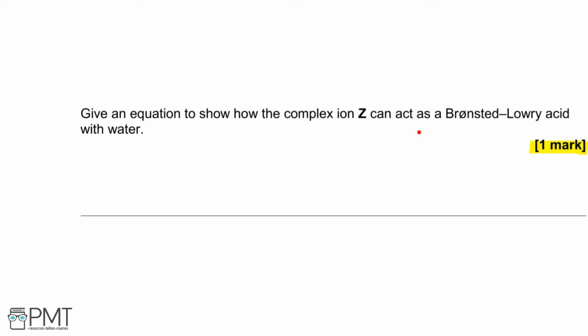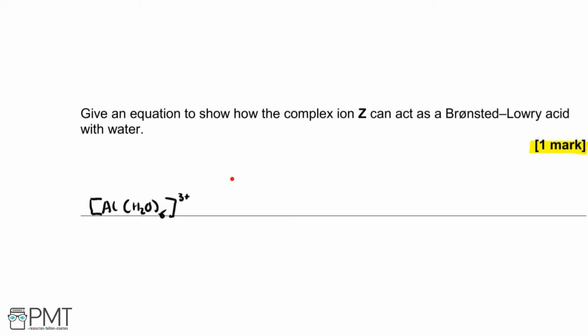So what this question is asking us to do is show how the complex ion Z, which is our hexaaqua aluminium ion, can donate a proton when it's reacting with water. So our complex ion is written as follows. It's our aluminium with 6 water ligands, which has a 3+ charge due to the ionization, or the oxidation state of the aluminium.